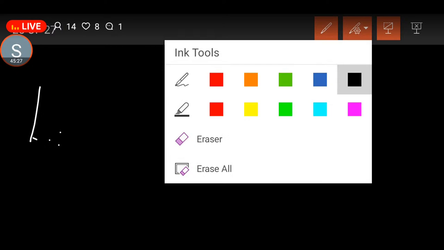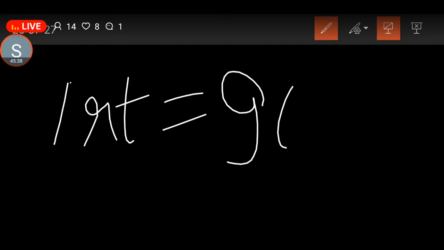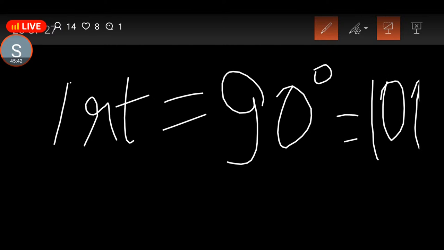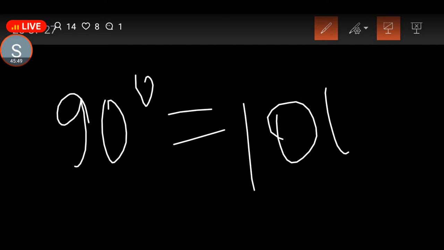Now the conversion of the sexagesimal system to the centesimal system. One right angle is equal to 90 degrees and equal to 100 grades, right? 90 degrees is equal to 100 grades, and we divide by 90 on both sides.